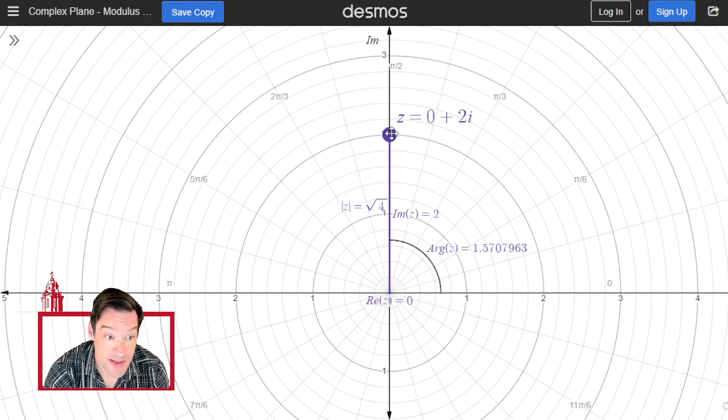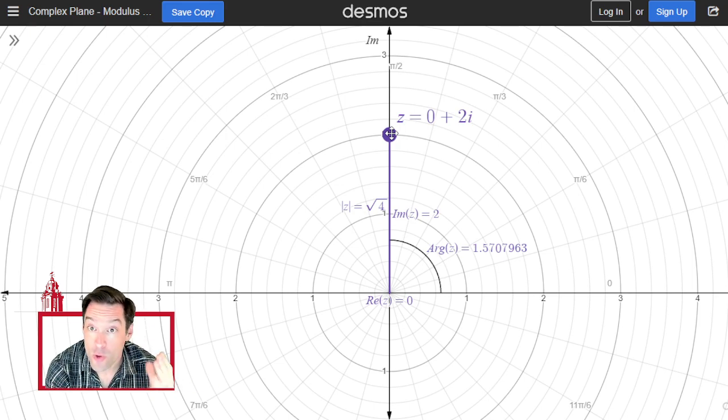So there are kind of two ways to express this complex number 2i. We can represent it with its real and imaginary parts, 0 and 2, respectively. That's the rectangular coordinates viewpoint. Or in the polar coordinates viewpoint, we can represent it by its distance to the origin, which is 2, that's its modulus, and its principal argument, the angle to the positive x-axis, which is pi over 2.